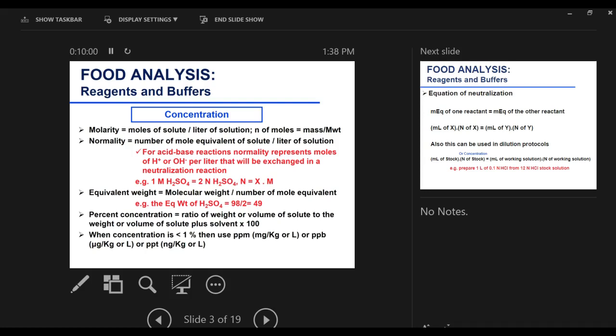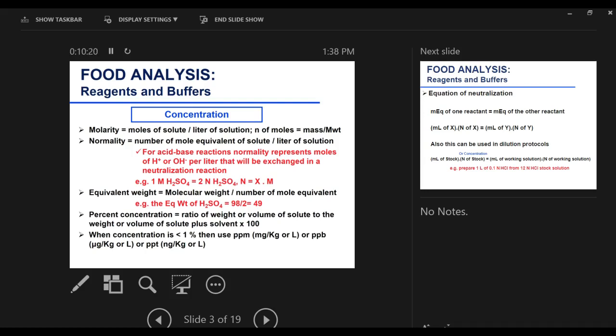We'll get to that when we get to that chapter. But I just want you to remember that this is in terms of how many hydrogens you have in an acid, how many hydroxyls you have in a base, or how many electrons are transferred within a chemical reaction.